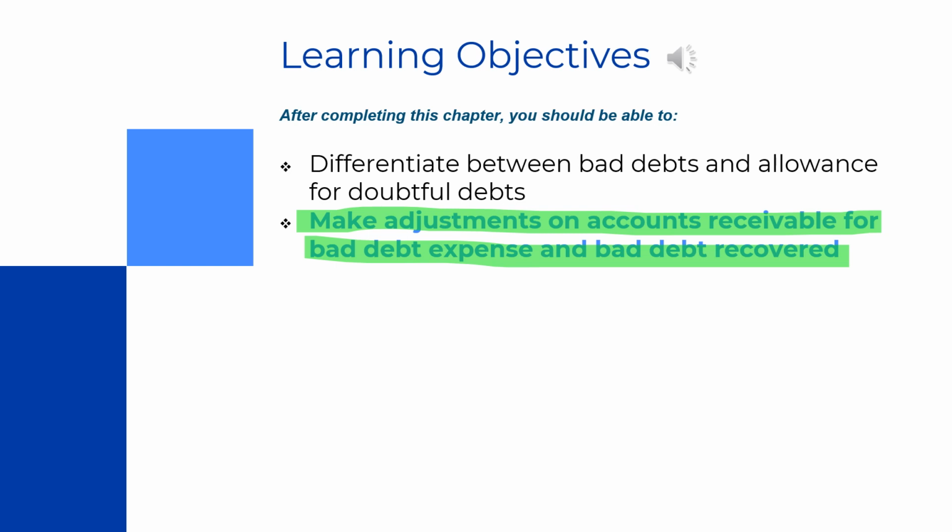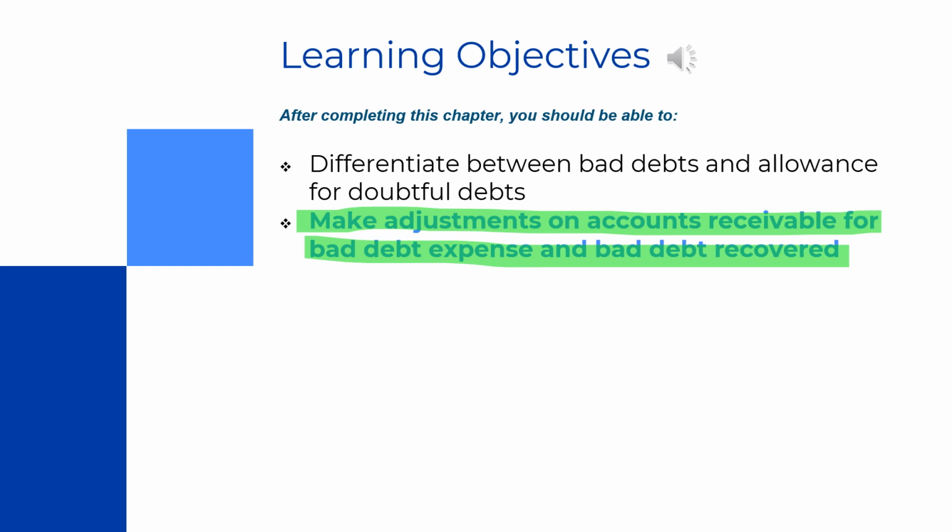Okay, let's continue from the prior section where we have introduced bad debts and also allowance for doubtful debts. So we have two methods: the direct write-off method, which makes the bad debt expense incur, and the other method, the allowance method, which causes the account for allowance for doubtful debts to occur.